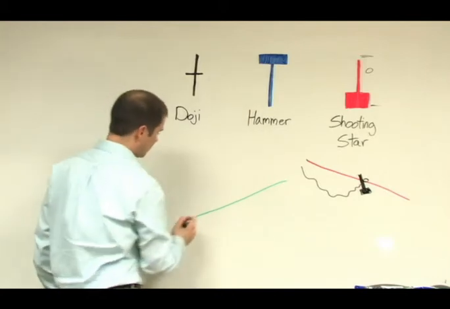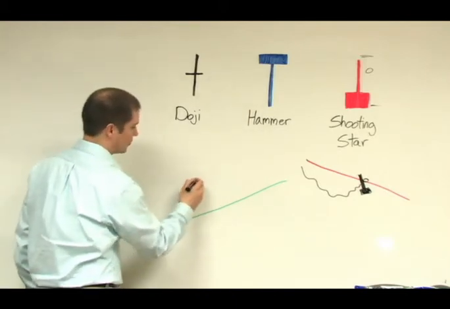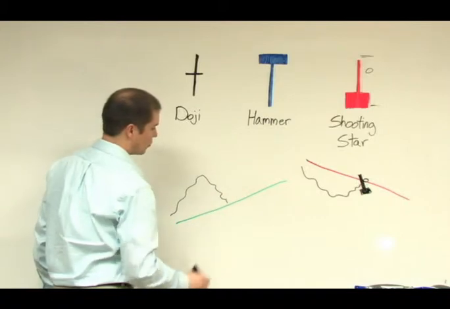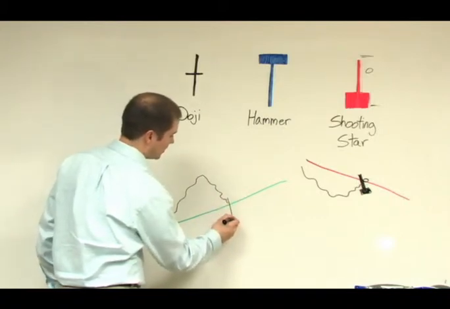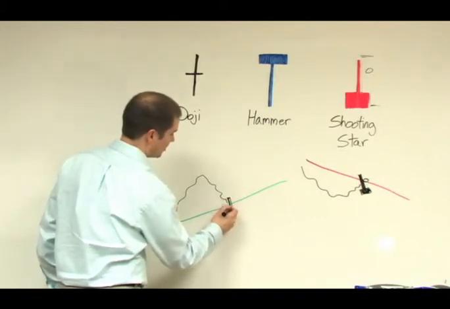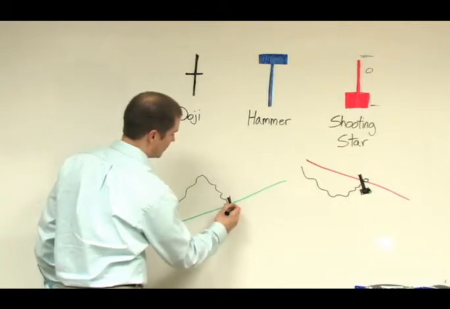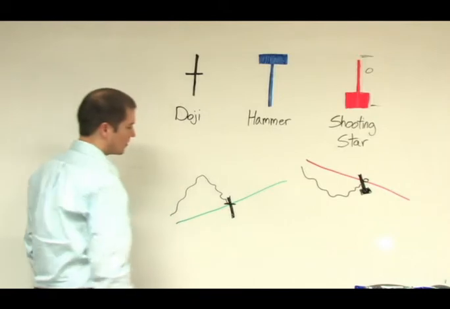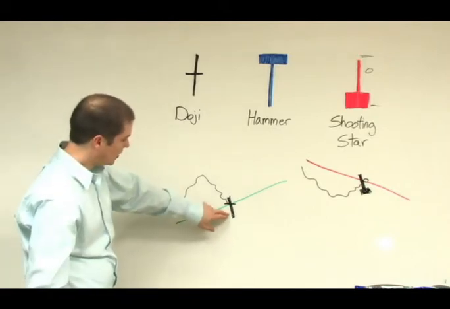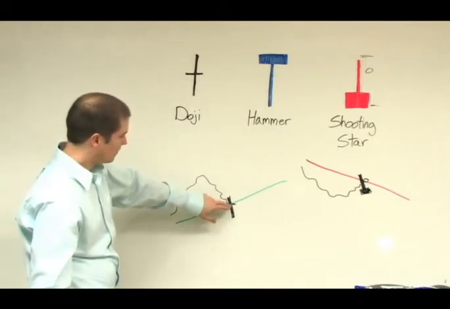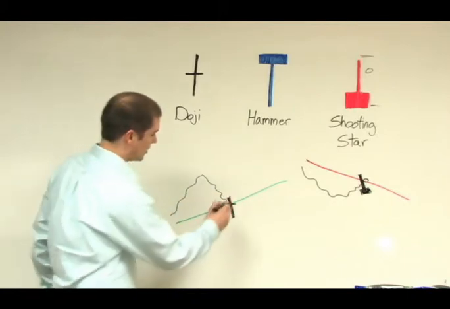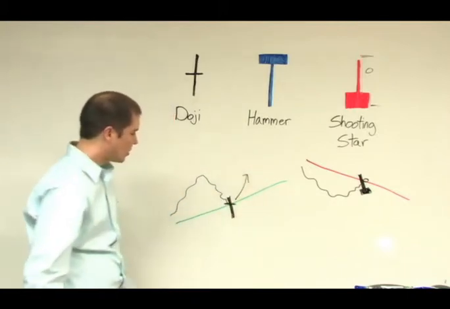So let me draw up a situation here with the hammer. So we have prices in an uptrend. They're working their way down. And let's say we get maybe not a hammer, but let's say we get a doji-like candle here that forms. And so since I have this really long wick to the downside, again, if I feel good about the trend, I'll just go ahead and enter on the next candle, going long.